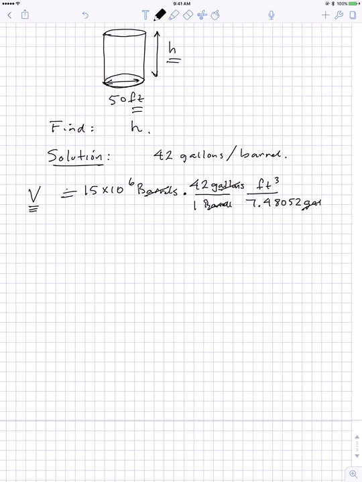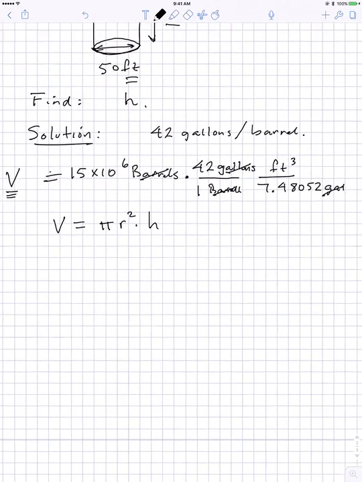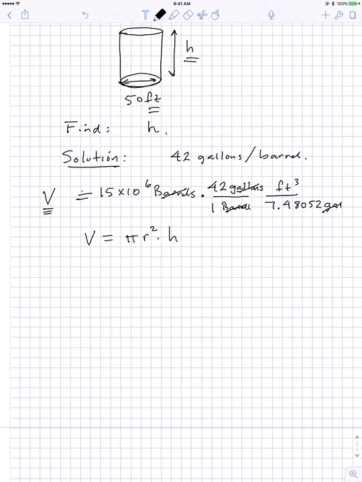Next, we need the volume of a cylinder, and that would be pi r squared times h. We know that r is 1/2 of the diameter, and the diameter is given by the base. So r is 25, and that's in feet.